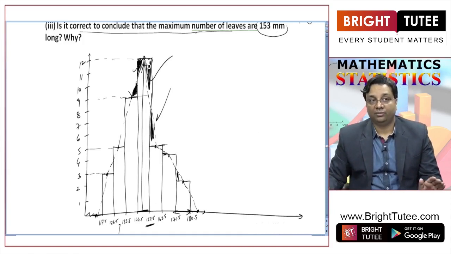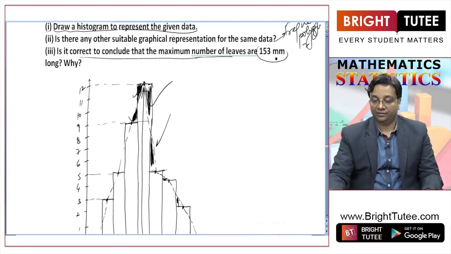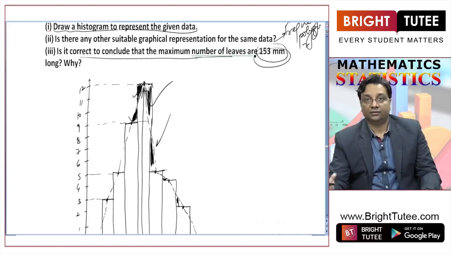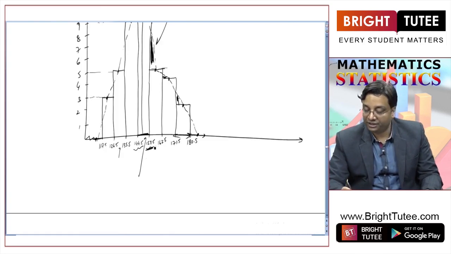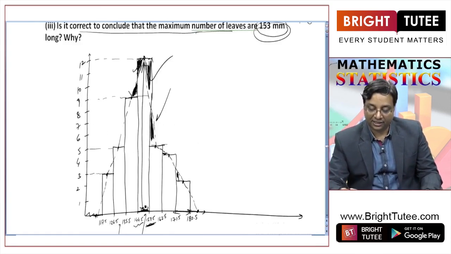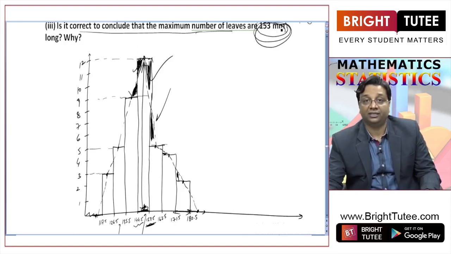So you may tend to answer this question with yes, that there are a maximum number of leaves having 153 mm length, right? But no, because this is a class for the leaves having lengths between 144.5 to 153.5, and this is a class, right? This doesn't represent a particular number, 153.